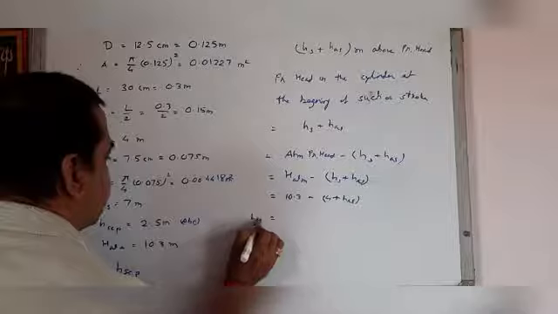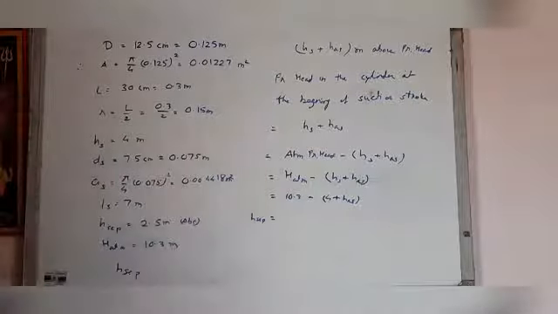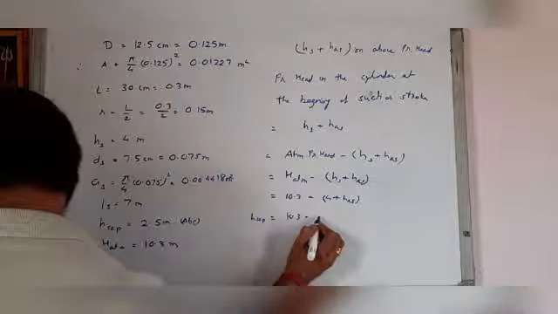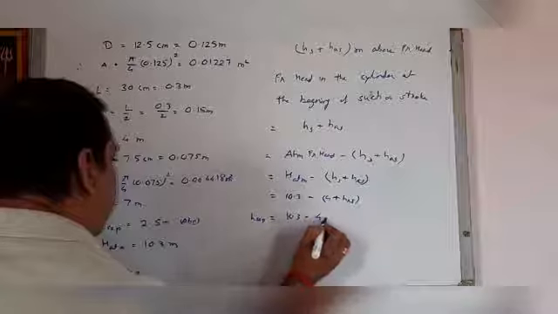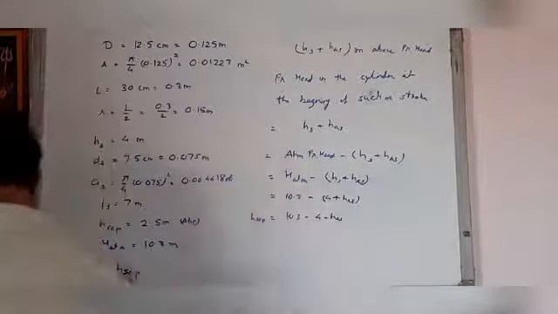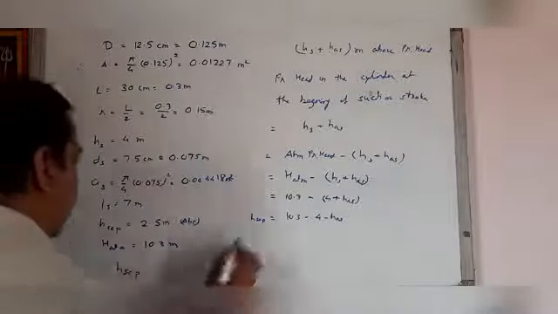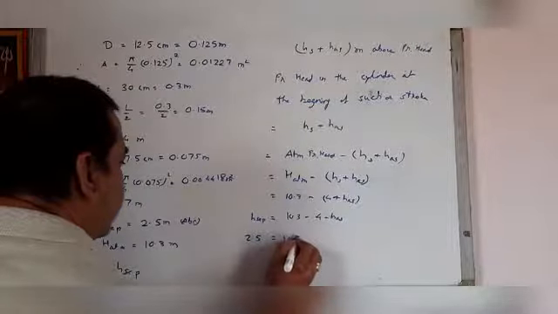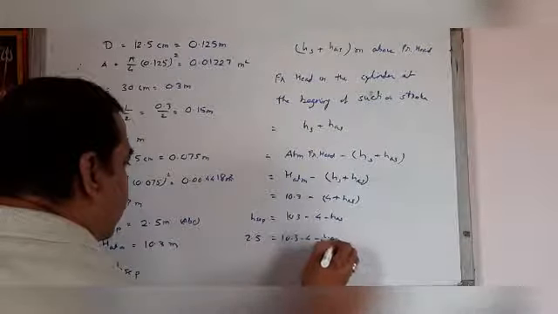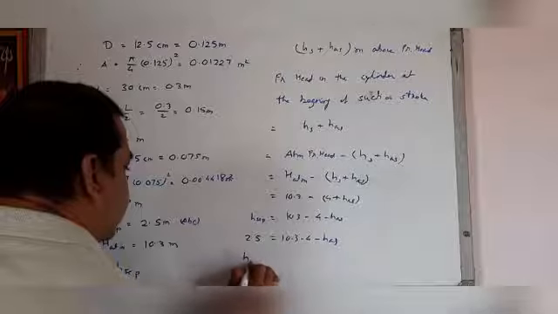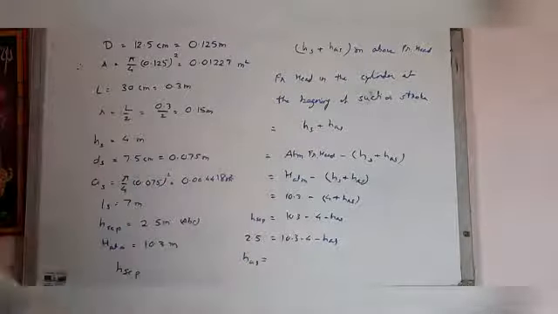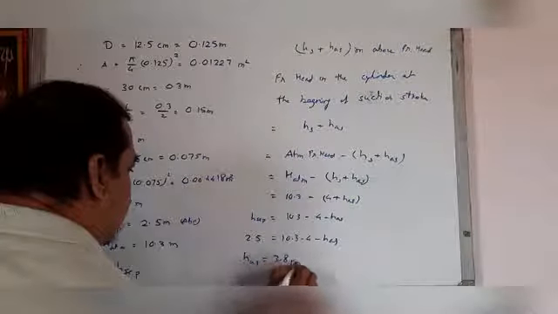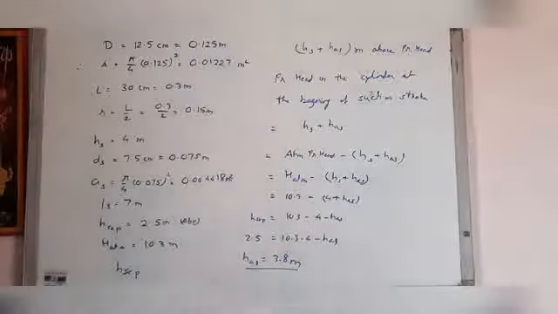Now H separation equals 10.3 minus 4 minus HAS. This has been given 2.5 meter. 10.3 minus 4 minus HAS, so HAS equals 3.8 meter.